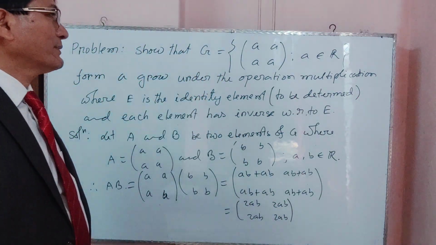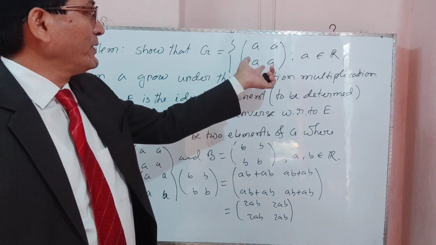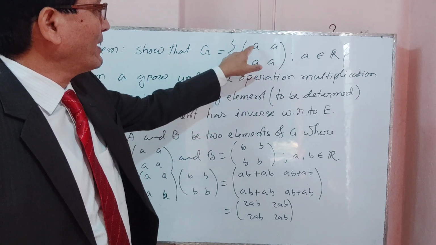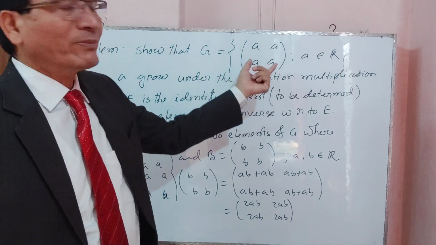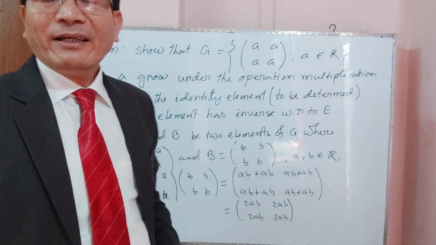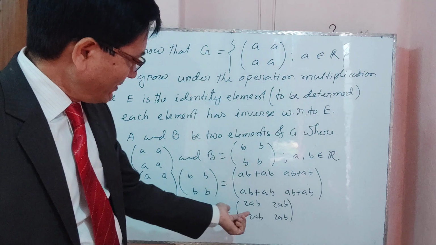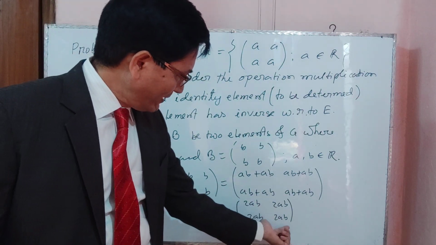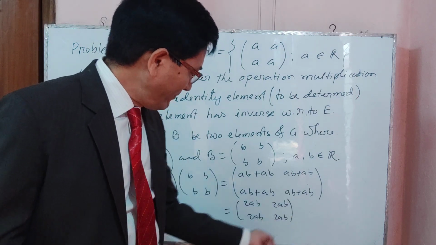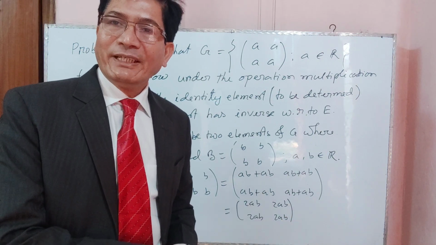Okay, dear students, just observe the fact, whatever will be the element of G will be of this type, where all the components of the element are the same. And here we observe all the entries of the matrix are the same. So this will be an element of G again.